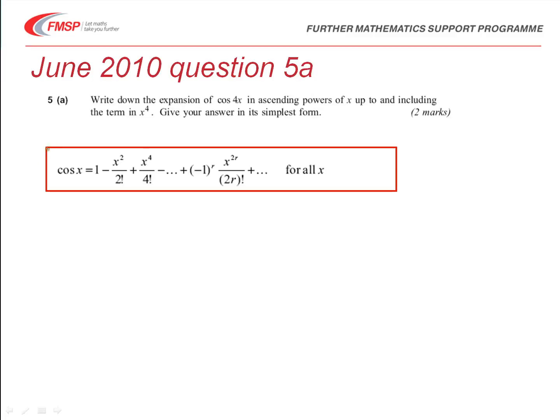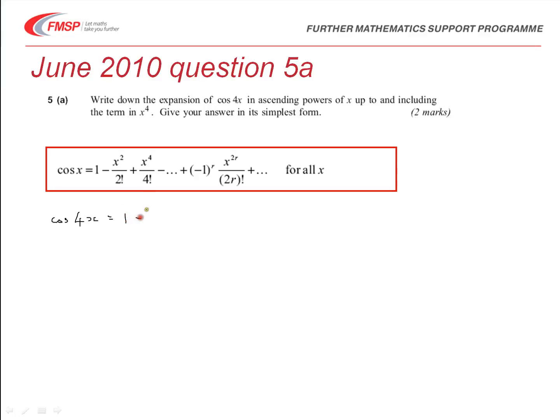So, part A, very much straightforward bookwork here. You know the expansion for cos x. If you don't know it, you can look it up in the formula booklet. And you can see here that if we want the cosine of 4x, all we need to do is substitute 4x in place of x in the expansion. And we want the first three terms up to x to the power of 4.